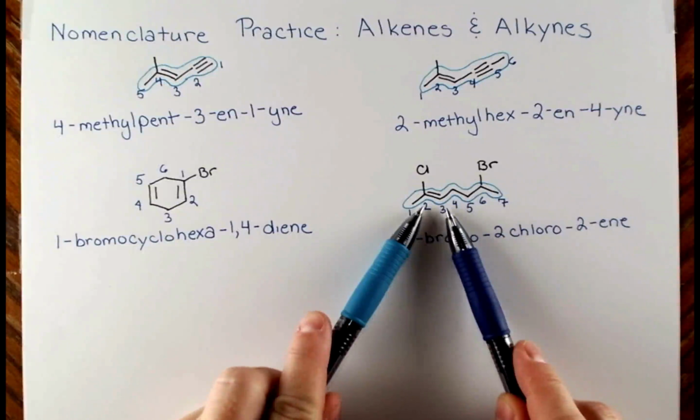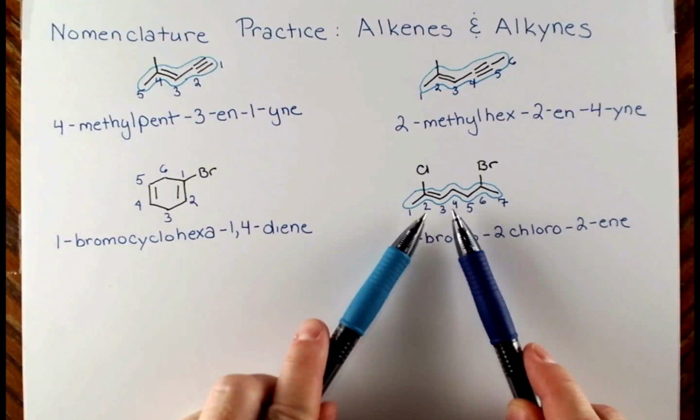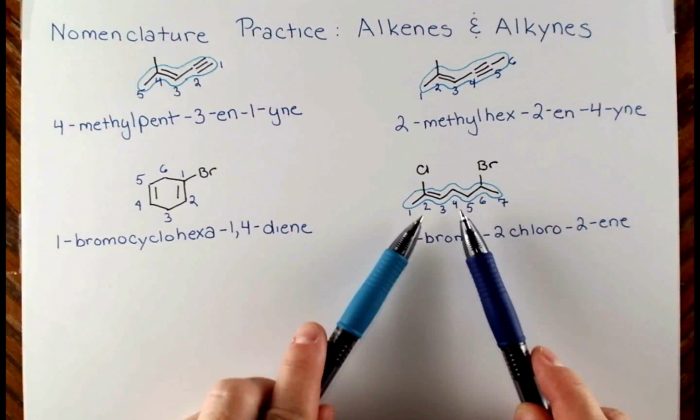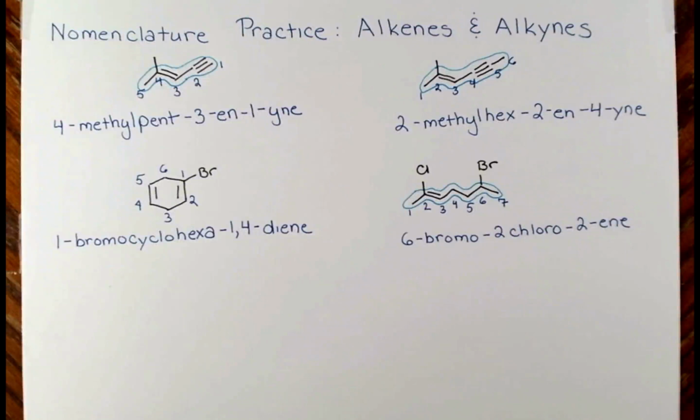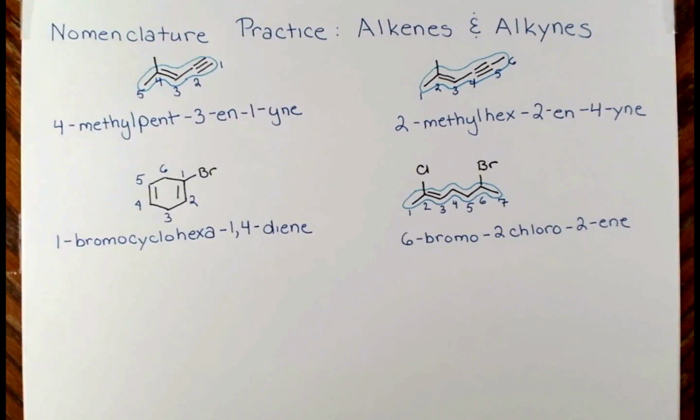So taking both sides of the double bond, we want to figure out if the high priority groups are on the same side, which would be a Z alkene, or on opposite sides, which would be an E alkene. To do this, we pick the group with the higher molecular mass. So on carbon 2, this is going to be chlorine.